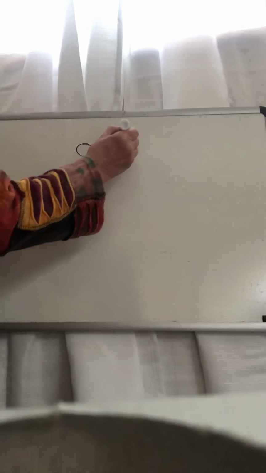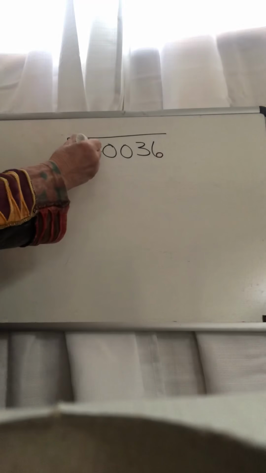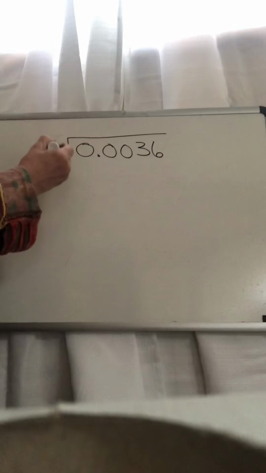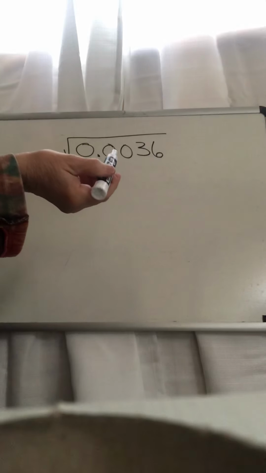So the next number that's under the radical sign is a decimal number. And we have 0.0036 as the radicand. Okay, so you can just put this number right inside your calculator, and it's going to give you the square root.